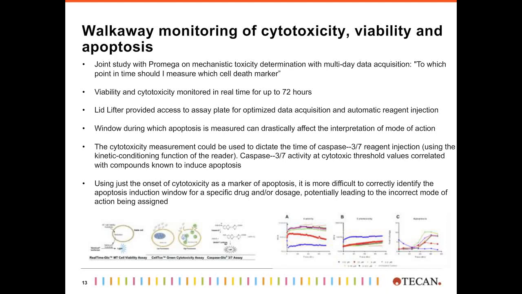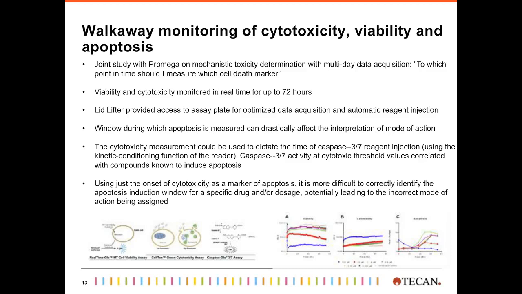So enough with the technical details on the reader itself. Let's talk about what you can do with the system. And here I want to start with a collaboration that we did together with Promega.